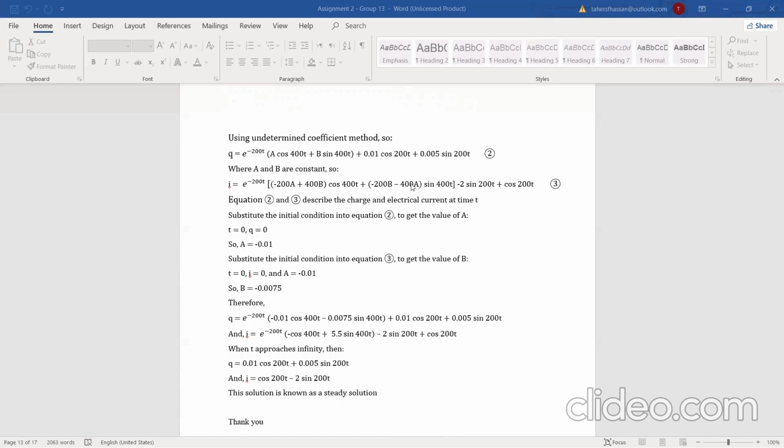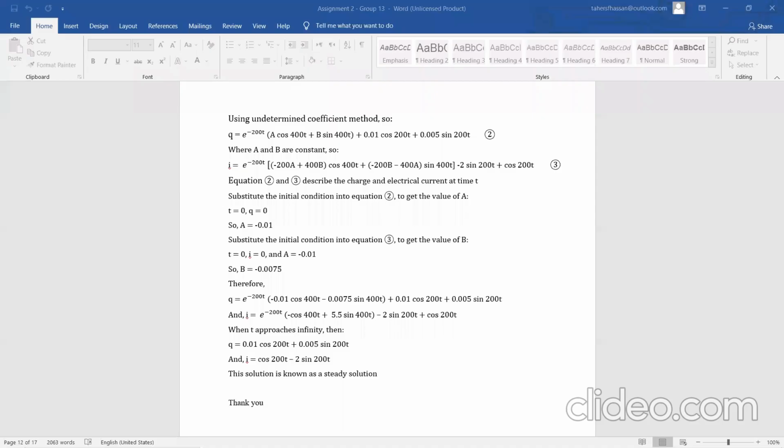And this is equation 2, where A and B are constants. So this is the equation of I. Equations 2 and 3 describe the charge and the electrical current at time t. Substitute the initial condition t equals 0 and Q equals 0 into equation 2 to get the value of A, which is negative 0.01.